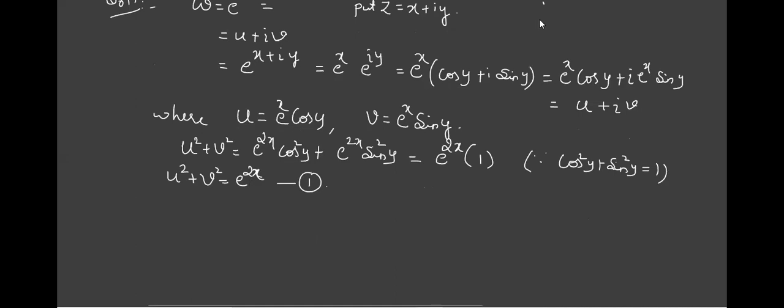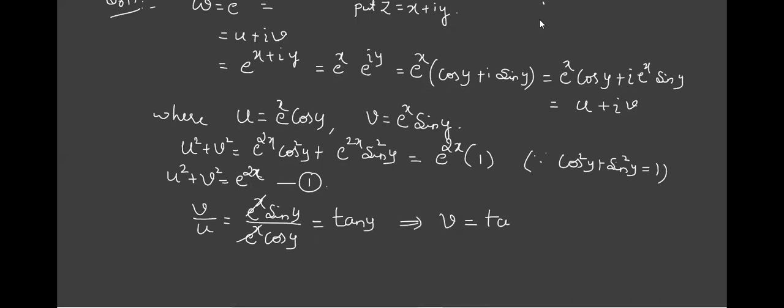Here, instead of taking u by v, I'll take v by u. v is e raised to x sin y upon u is e raised to x cos y. So the term containing x can be cancelled. What is sin by cos? Tan y.